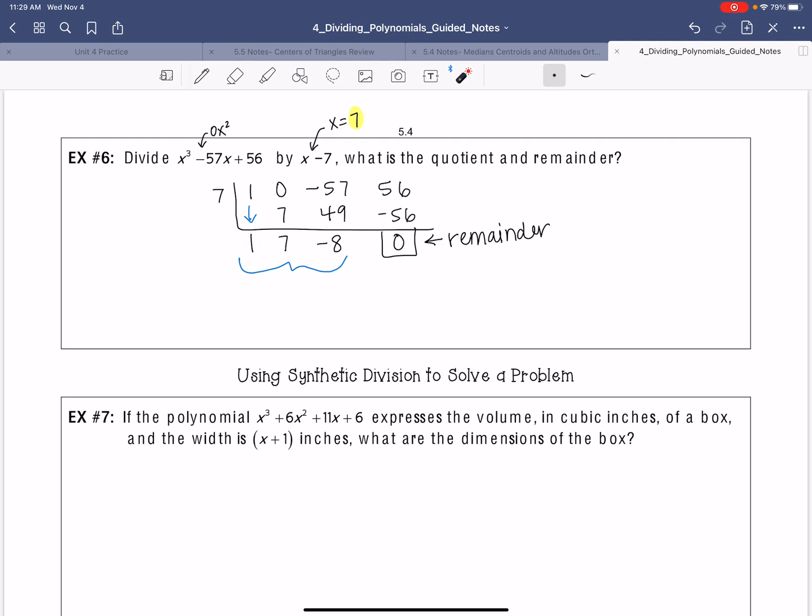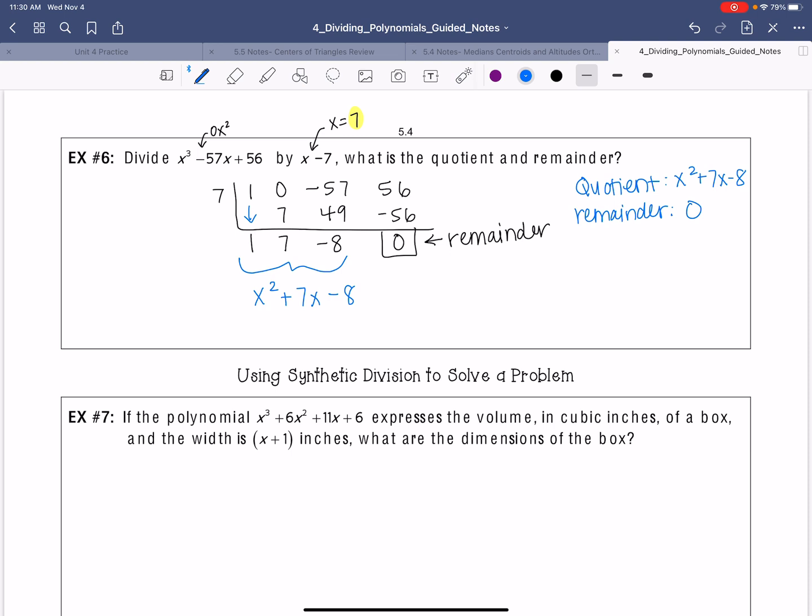So now it goes x squared, this will be with your x, and that will be your constant. So this represents x squared plus 7x minus 8 with a remainder of 0. So my quotient is that x squared plus 7x minus 8, and my remainder is 0.